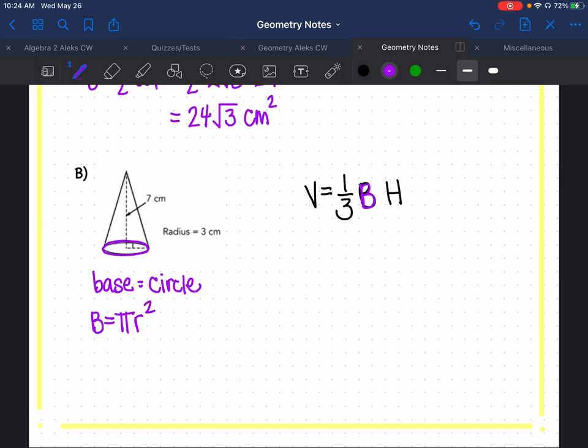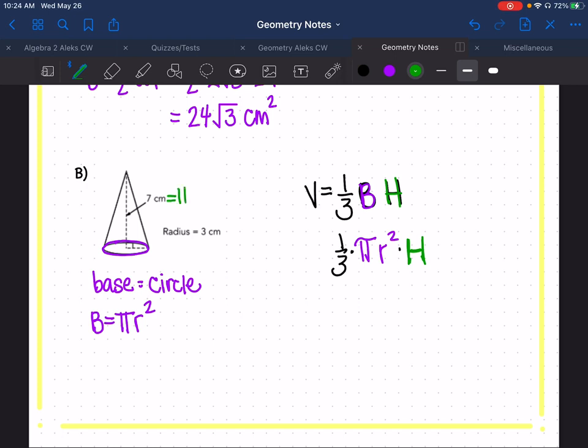So I could actually say, well, it's 1/2, or sorry, 1/3. See, I always think 1/2 and then I have to change it, times pi r squared times the height of the cone. You could actually think of the formula in these terms. It's totally up to you.